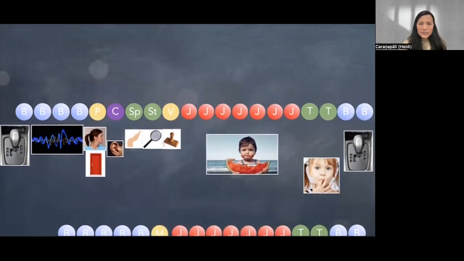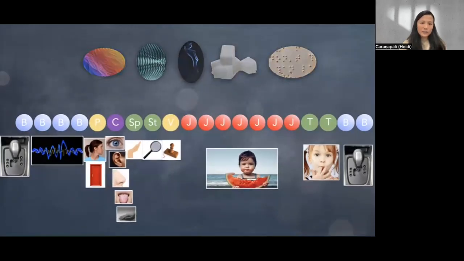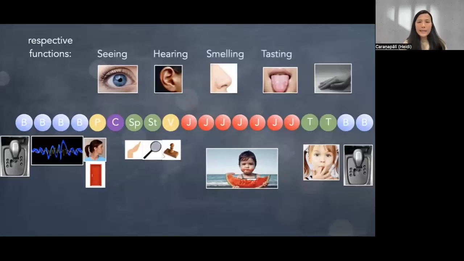Taking the five sense door mental process as an example, eye, ear, nose, tongue, and body consciousness each perform a specific function. Very obviously, eye consciousness performs the seeing function, ear consciousness hearing, and likewise smelling, tasting, and touching.